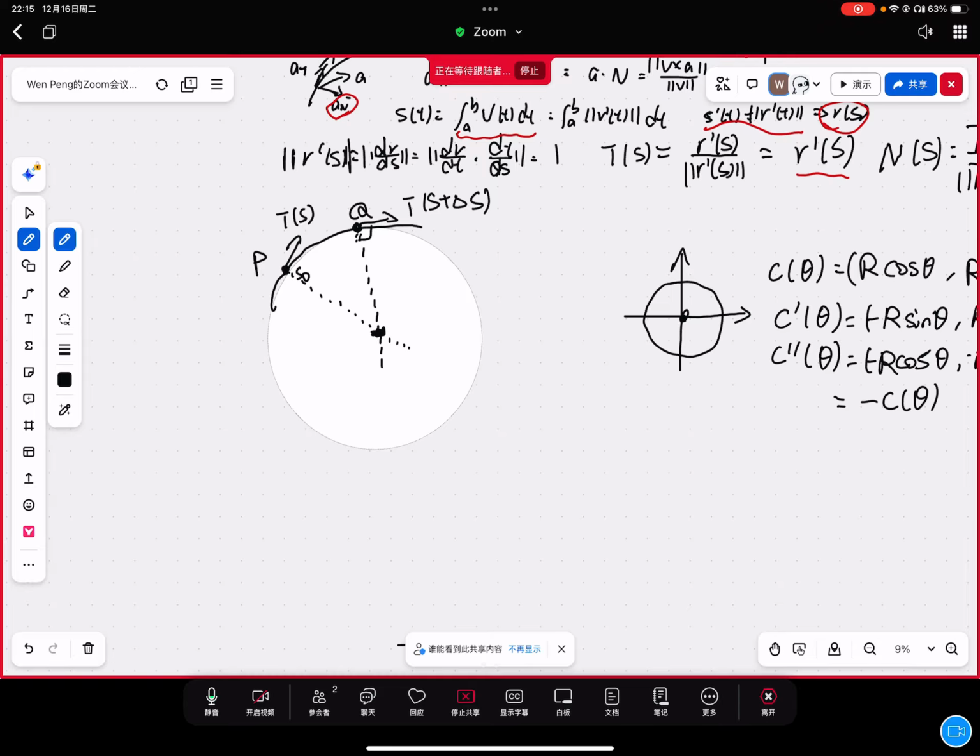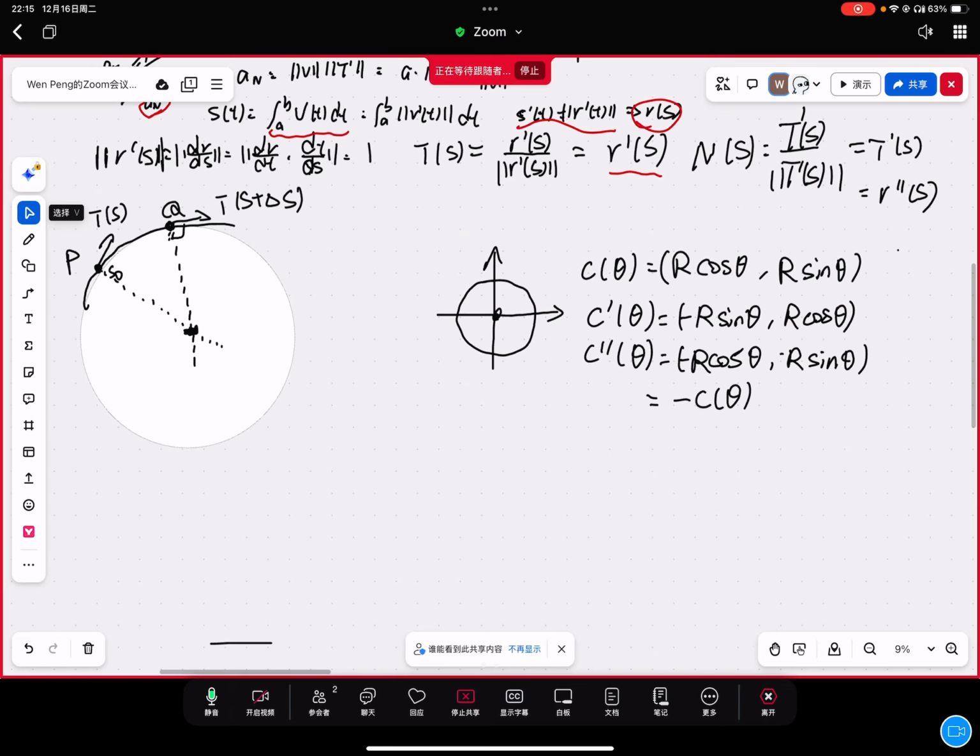If we also use a vector to represent this circle, then we actually have n of s in this direction.